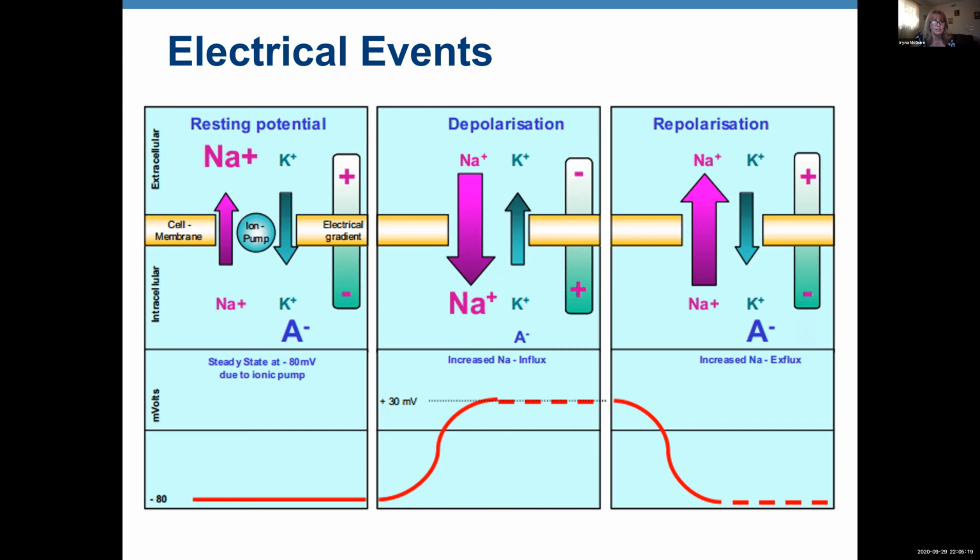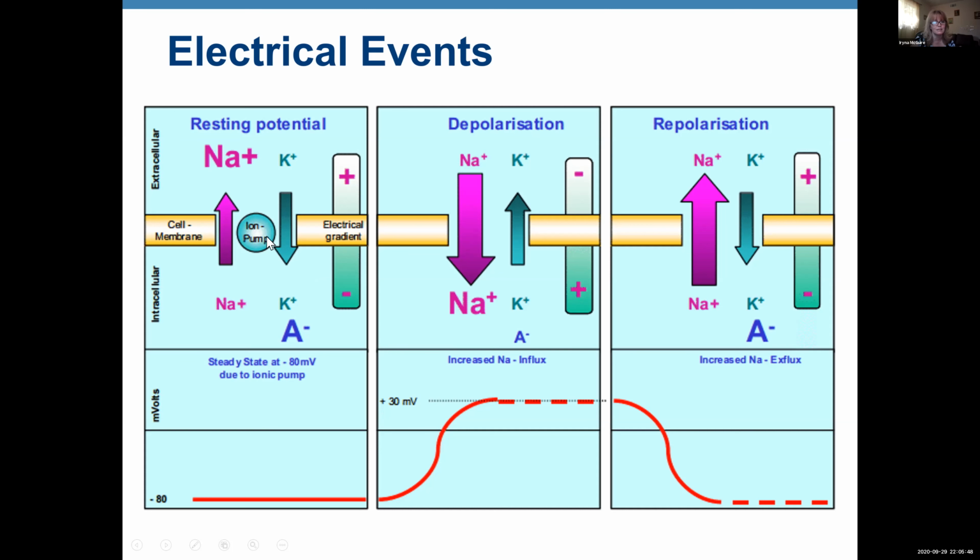But we know the process is more complicated, because the sodium potassium pump creates a chemical gradient, a high concentration of sodium outside and a high concentration of potassium inside. And because of this chemical gradient and because we have leaky potassium channels, potassium starts leaking out, creating an electrical gradient.